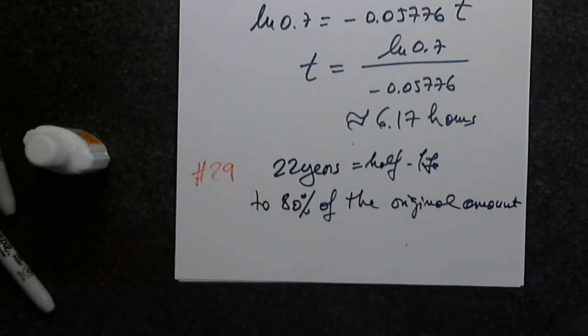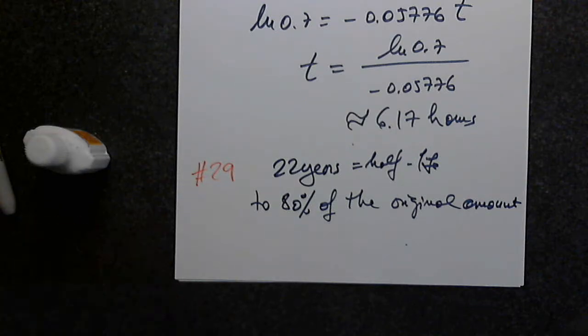So we have lead. It decays in 22 years. So if we start with M0 now, in 22 years we have M0 over 2. How long does it take for any sample of this substance to decay to 80% of the original amount?